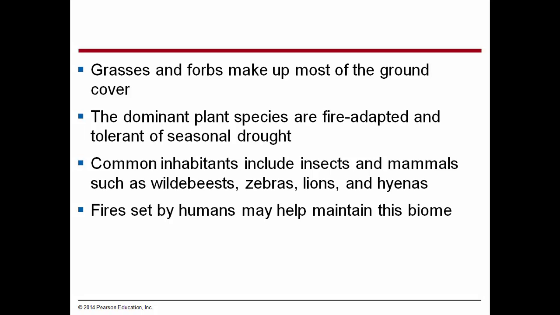Those are all fire-adapted regions, and they're constantly set on fire through lightning strikes and what have you. Fire is a main part of savanna and chaparral and some of these temperate grassland and prairie areas, but fires can be set by humans.